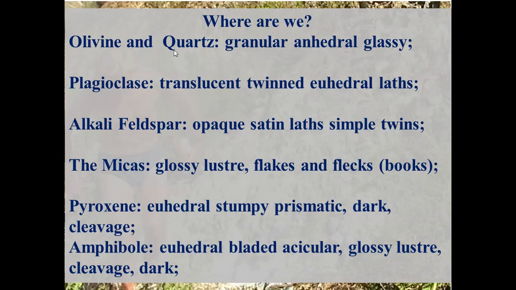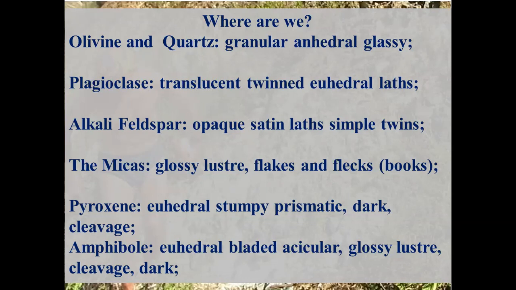We also looked at plagioclase, and in some instances, because plagioclase is translucent and it can be quite transparent at times, there could be confusion between the translucent plagioclase and the granular quartz. That is, if you don't have proper euhedral crystals of plagioclase.